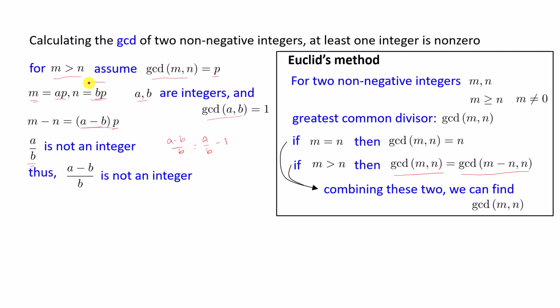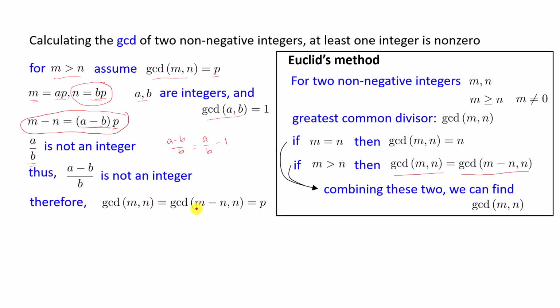Therefore, if I compare this n, that is BP, and m minus n, that is (A minus B) into P, then I can clearly see that between B and A minus B, there is no common part there. So GCD of B and A minus B, if I take, that must be equal to 1, which means that between m minus n and n, P is the common part.